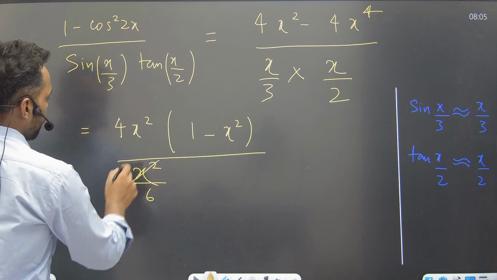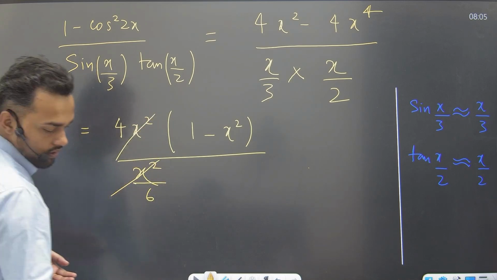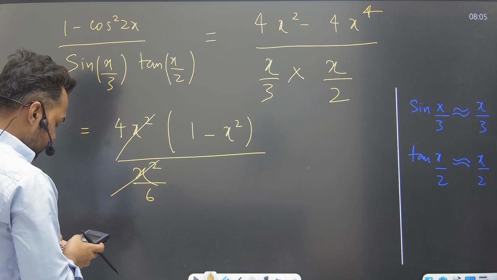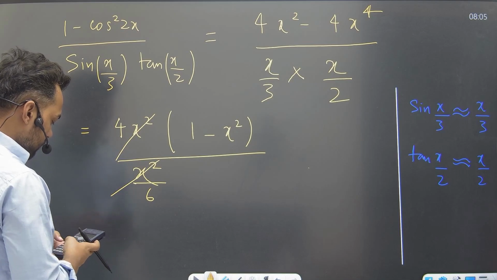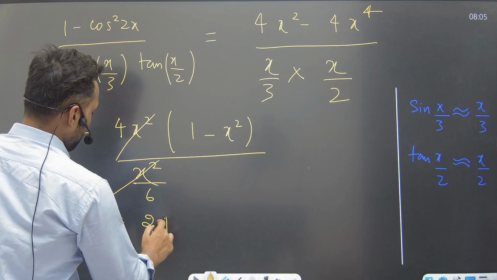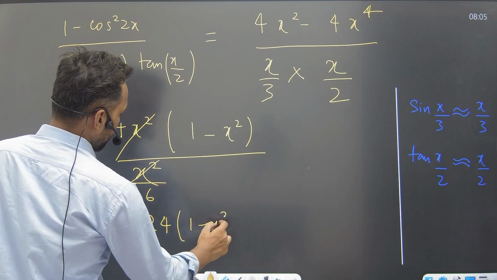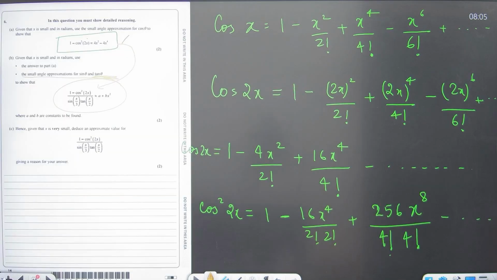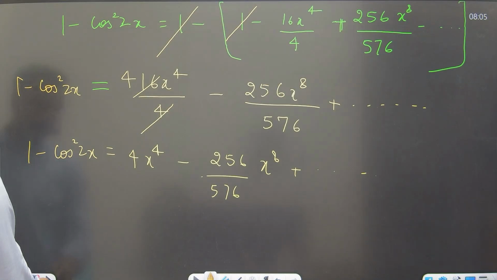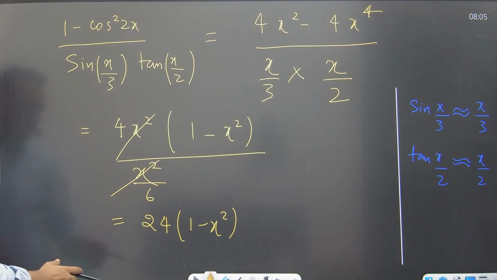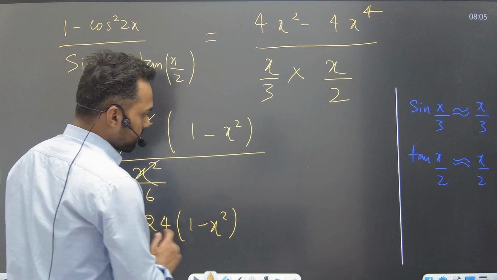This x square got cancelled. 4 divided by 1 by 6 will be equal to 24. So we will get 24 bracket of 1 minus x square. This is what you will get.